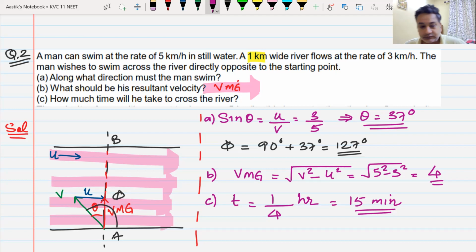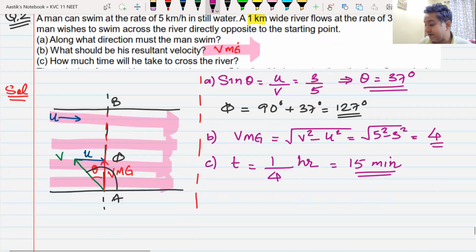Everyone? Understood, sir. Okay, now in this question, I can add my question. The diagram remains the same.